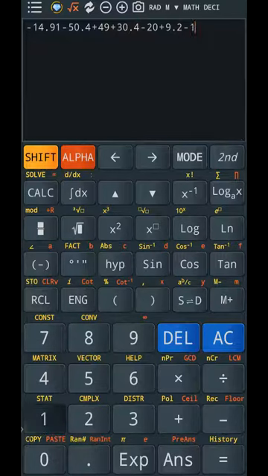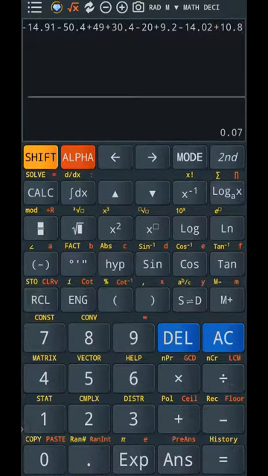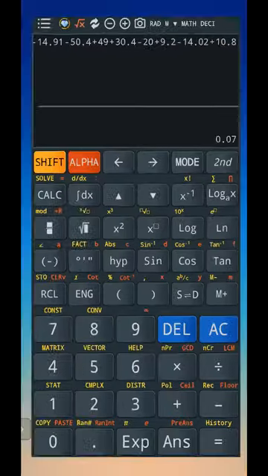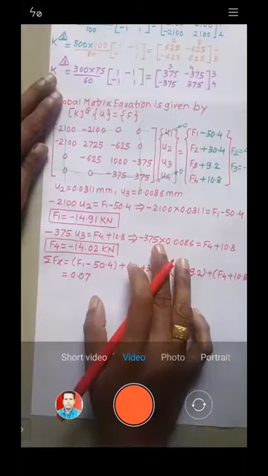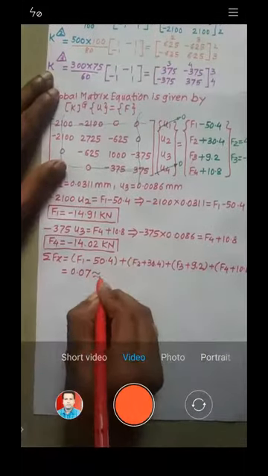F4 we got as minus 14.02 plus 10.8. So you can see what answer we are getting: 0.07. Try to understand. Summation of the forces we are getting as 0.07, which is approximately equal to 0.